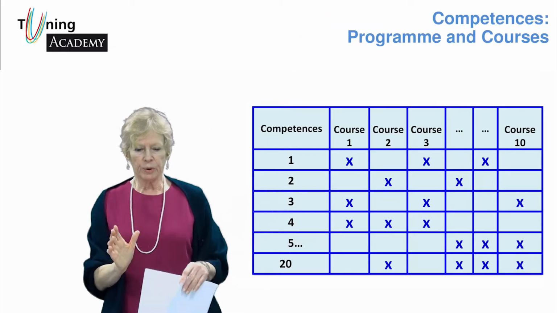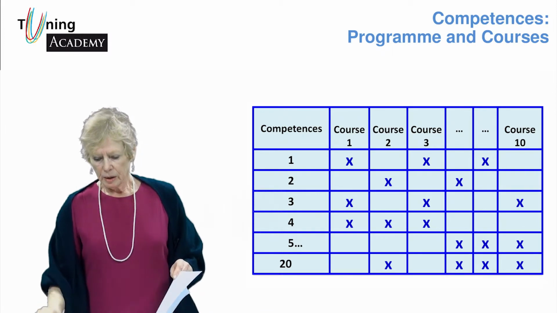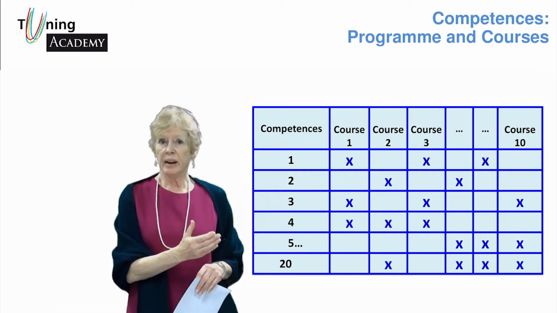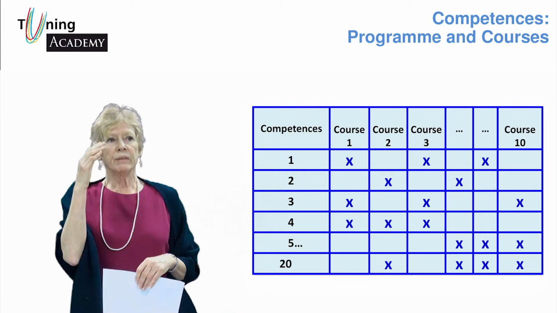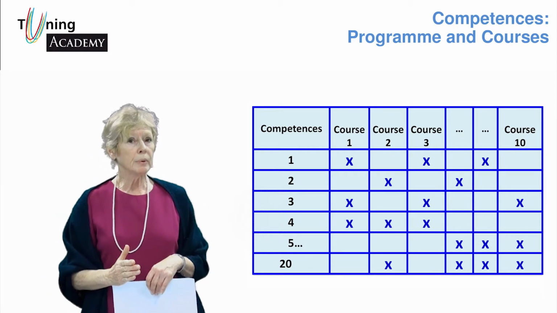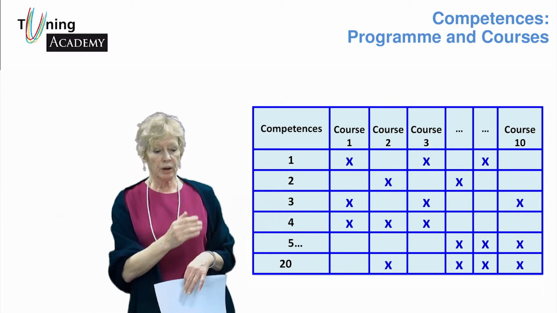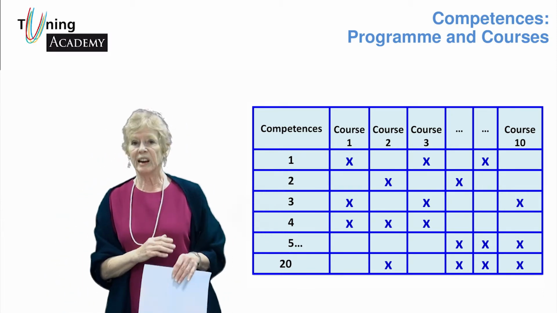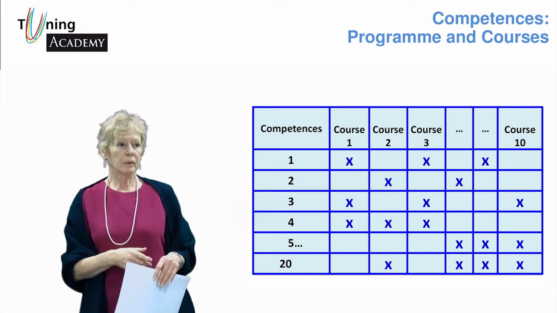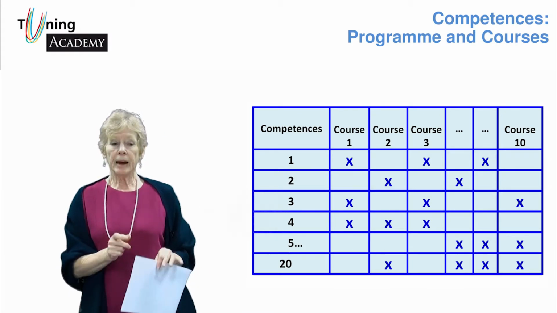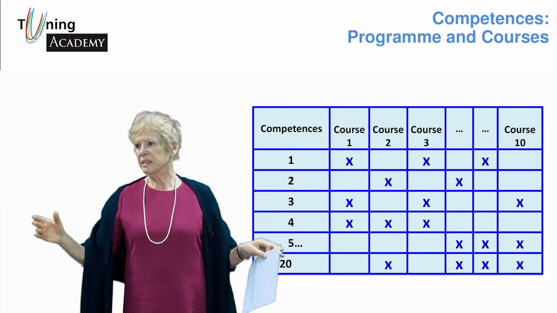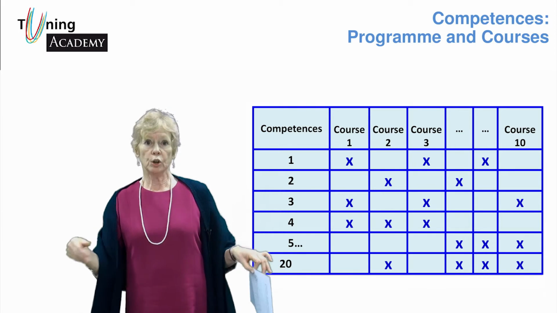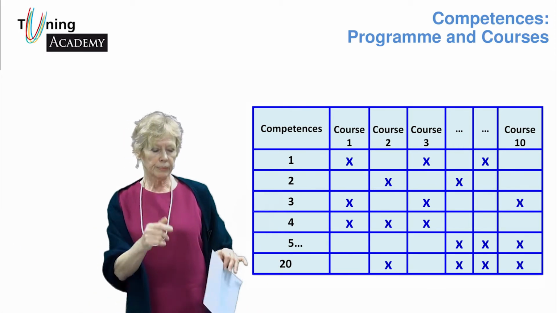In each program, as you can see from the diagram, you have a list of program competences or learning outcomes. Those are in the column on the left. You might have 20 of these. And the program may be made up of 8, 10 different courses. You teach one of them or 2 of them.